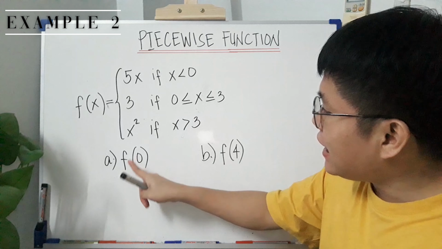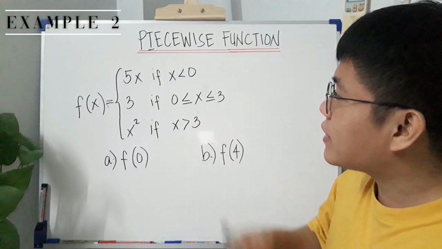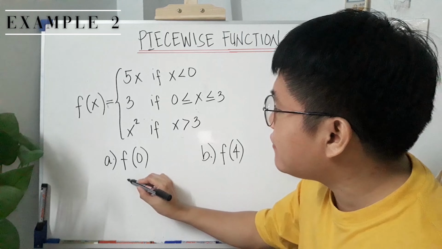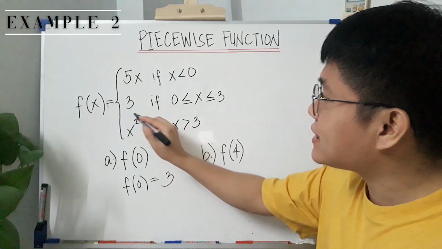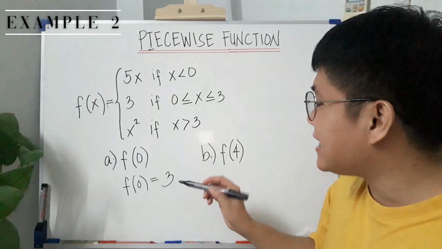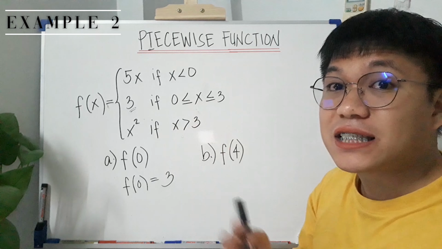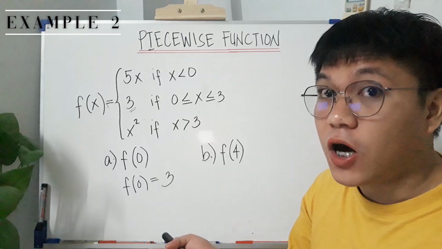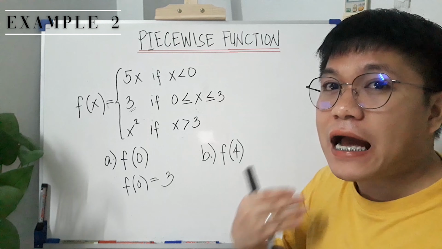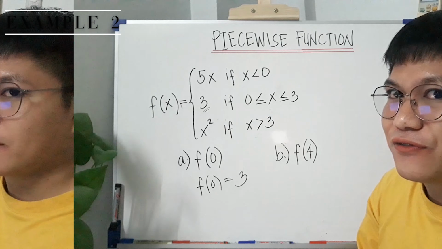That means if x is 0, f of 0 is equal to the constant 3. Let's just copy this one because 3 is a constant. So whatever the value of our domain is, our output will still be the constant itself.